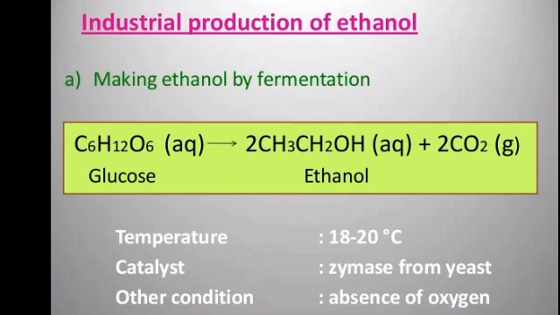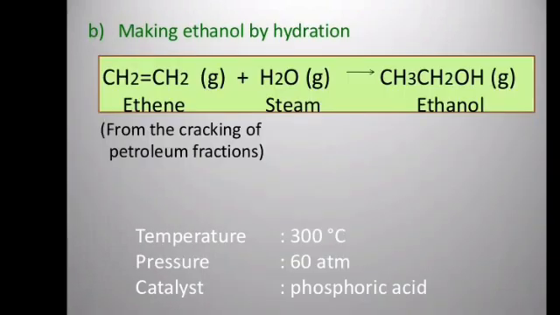Another condition is the total absence of oxygen, that is, it is an anaerobic process in which no oxygen is required. So here we can produce ethanol at industrial level.